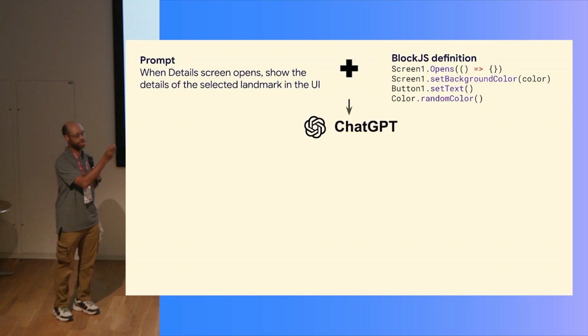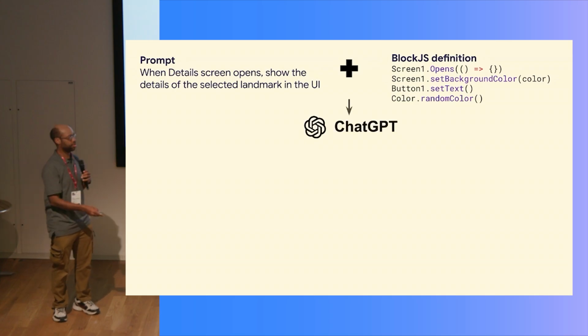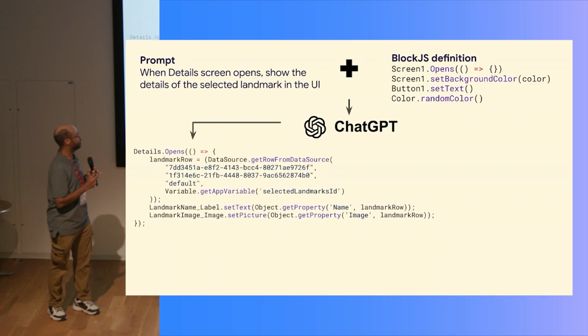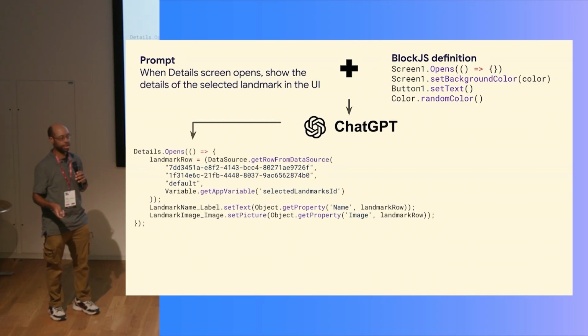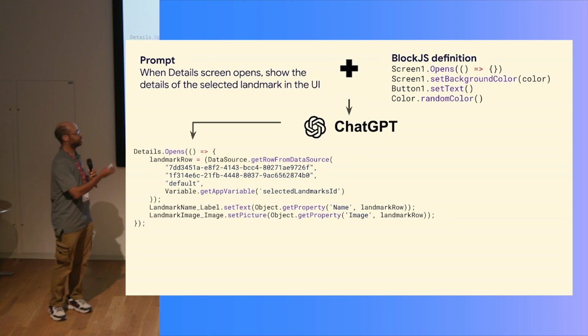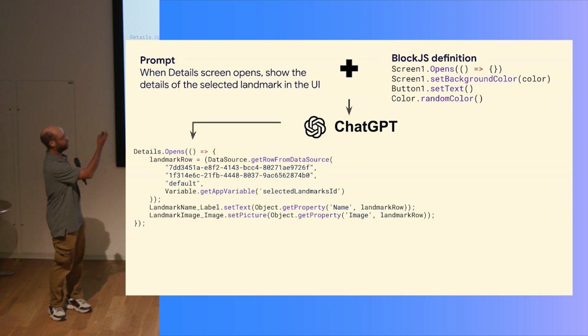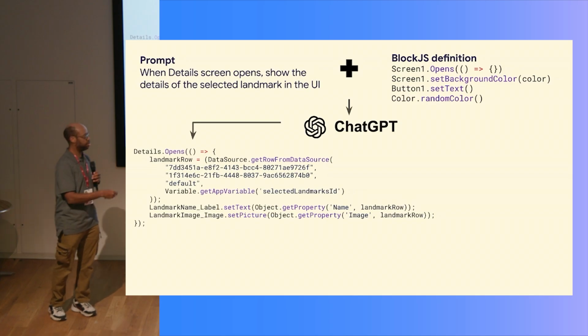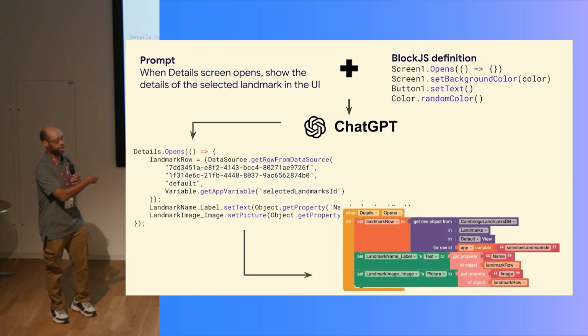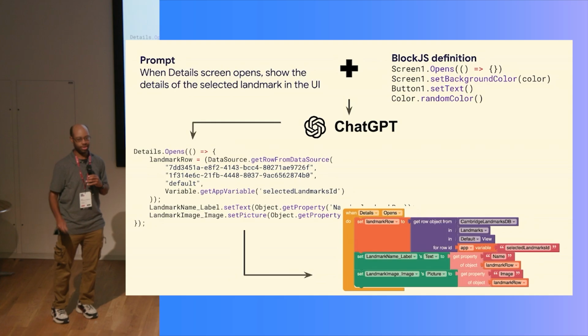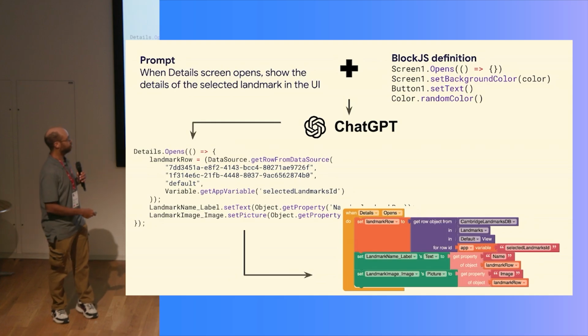We use ChatGPT and Claude and a few other things. And then that gives us a block.js. And then, which can be the hard part, after that, we know if this block.js is what we're expecting, we're able to then take that and turn it directly into the blocks that the user will see.